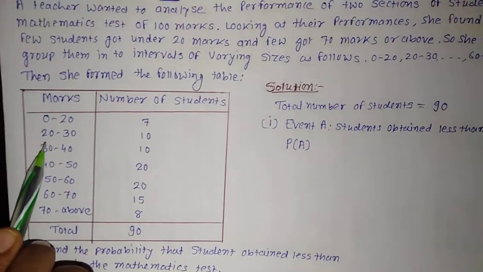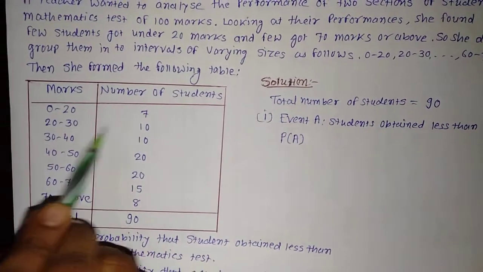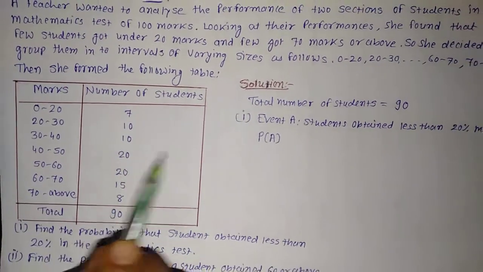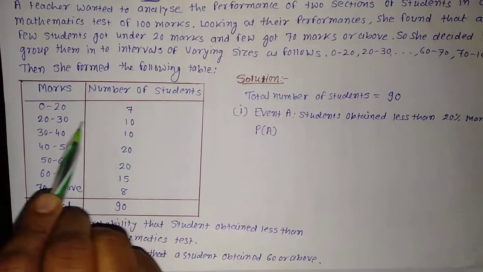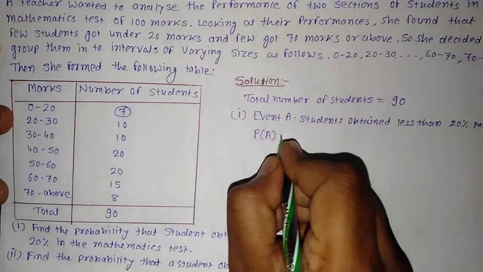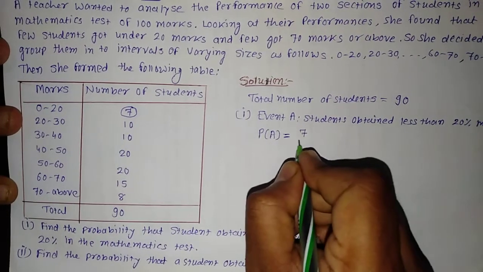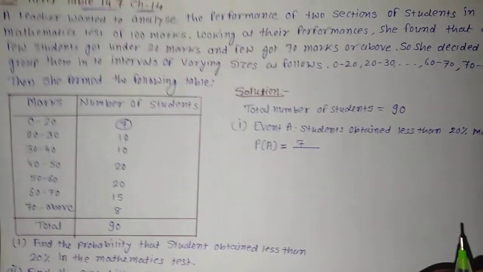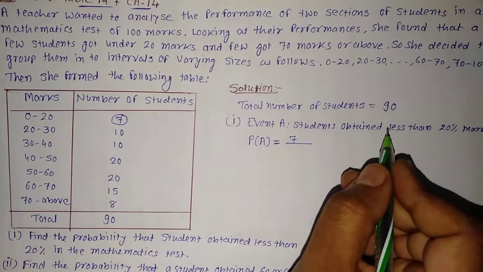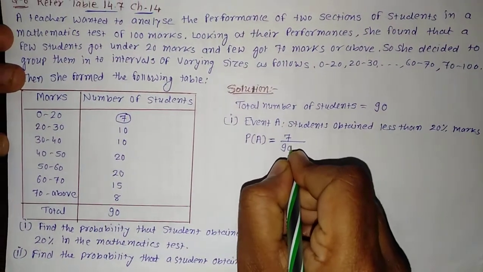Means if the student got 20 marks, they have been taken in the next category. So students who obtained less than 20 marks are 7 as per the table. You know that total favorable outcome is 7 and the total number of students is 90. So probability of event A is equal to 7 upon 90.